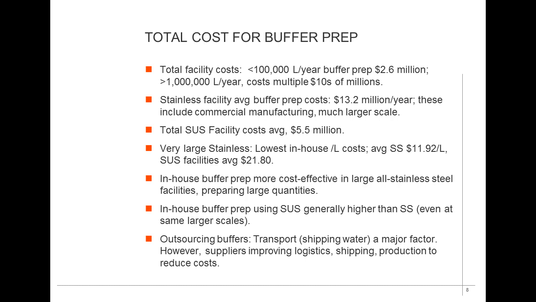Some of the findings in this analysis in terms of total buffer prep: the total facility cost at the less than 100,000 liter scale was in the neighborhood of about $2.6 million. At greater than a million liters per year, the costs were in the hundreds of millions of dollars, and so you can see there's obviously a range when you hit those larger scales.